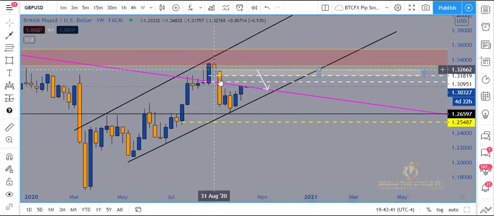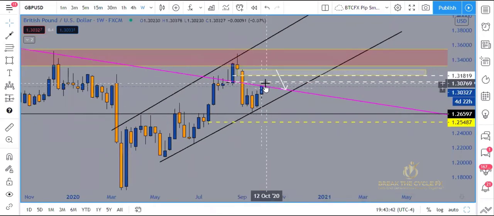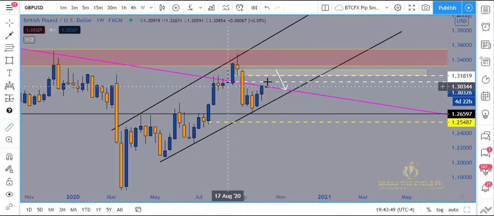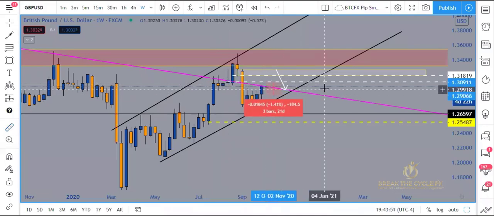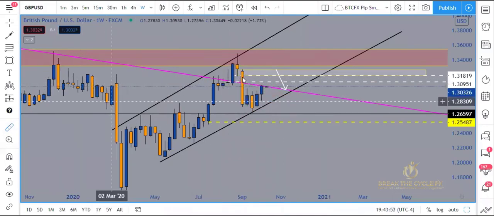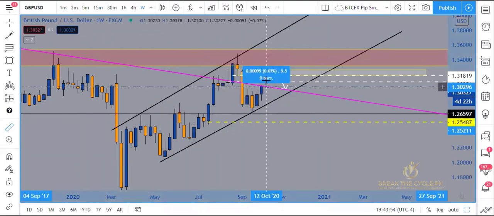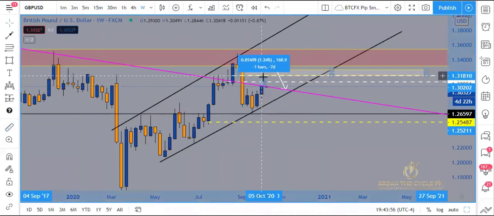If it rejects right here, it could just push back off the bottom of our trend line. That's still a good amount of pips, like 184 pips right there. And another push up will give us another 160 pips.